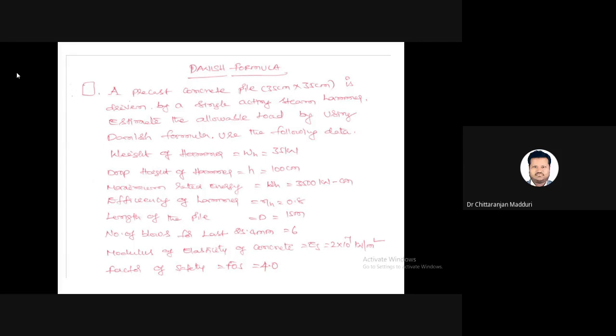The weight of hammer 35 kilonewtons, drop height of hammer 100 centimeters, maximum rated energy 3500 kilonewton centimeters, efficiency of hammer 0.8, length of the pile 15 meters, number of blows for last 25.4 mm equal to 6, modulus of elasticity of concrete equal to 2 into 10 power 7 kilonewton per meter square, factor of safety equal to 4.0.